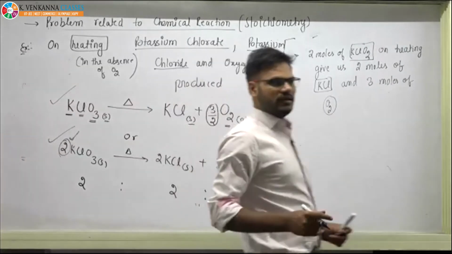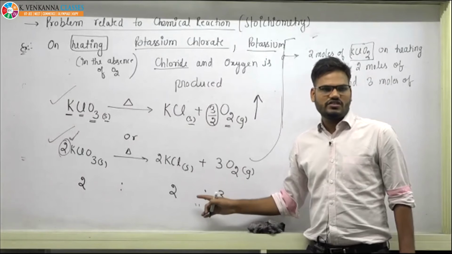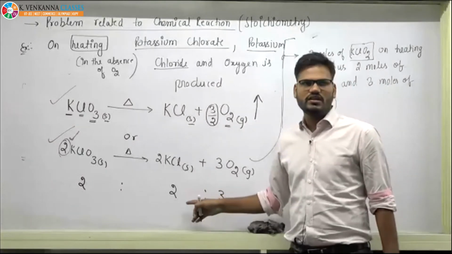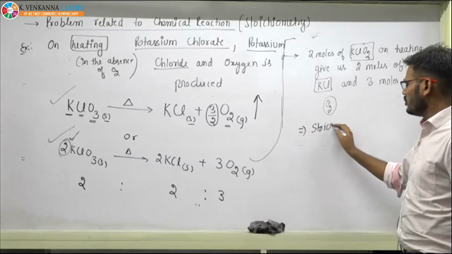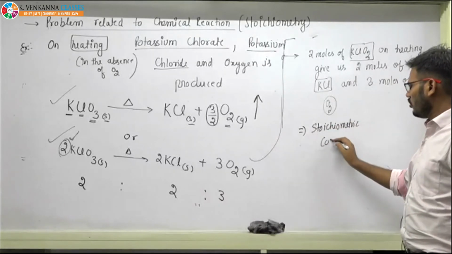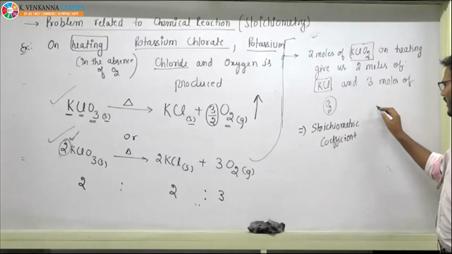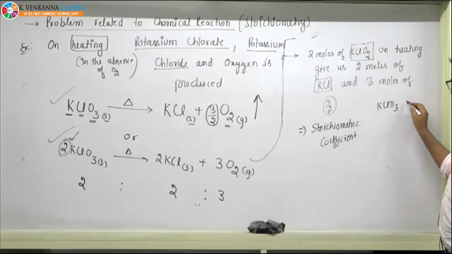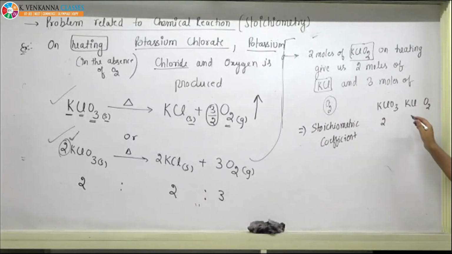The numbers present in the balanced equation are known as stoichiometric coefficients. If I am writing KClO3, KCl and O2, the stoichiometric coefficient for KClO3 is 2, for KCl is 2, and for oxygen it is 3.